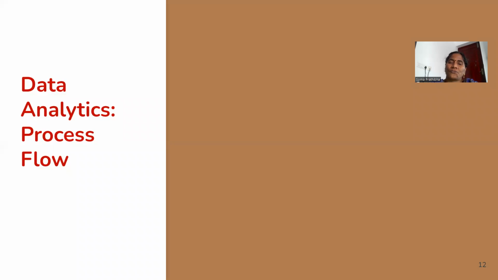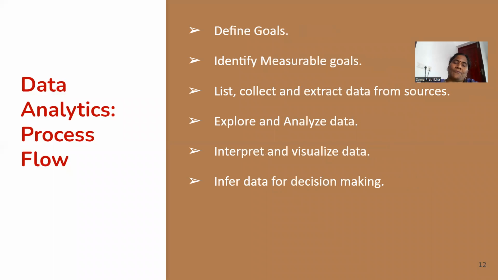Now, the data analytics process flow. If an organization or a team starts to think of employing data analytics, the first step is that they have to define the goals: why they want to use data analytics, where they want to use it, and what they are going to get.